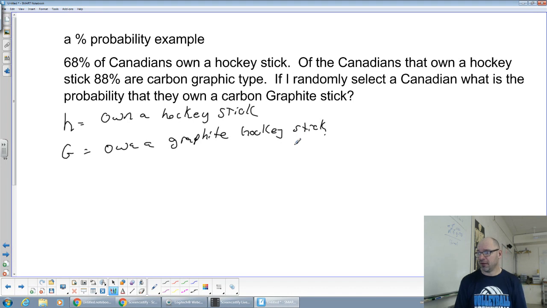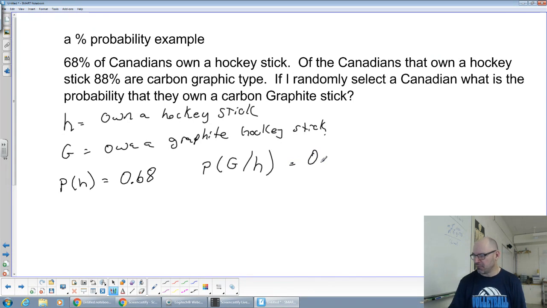So basically, we want to use the formula that we were talking about earlier. The probability that you own a hockey stick if you're a Canadian is equal to 0.68. So we're going to use the decimals here. The probability that your hockey stick is graphite, given that you own a hockey stick, okay, of the Canadians that own a hockey stick, so you have to own a hockey stick, and the probability that it's going to be graphite if you own one is 88%.